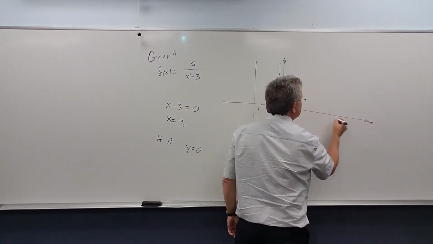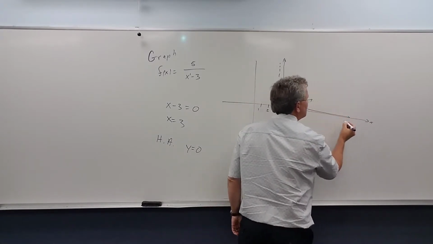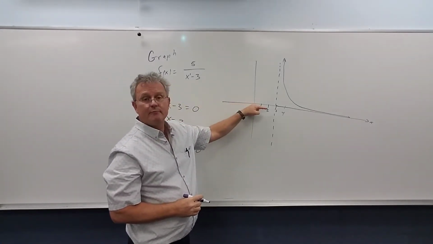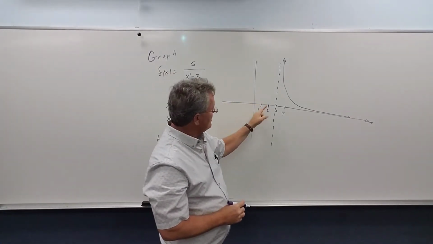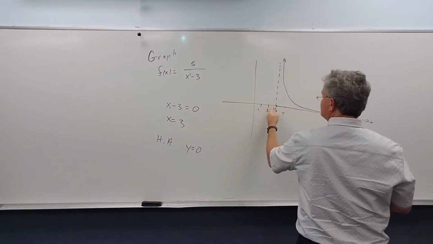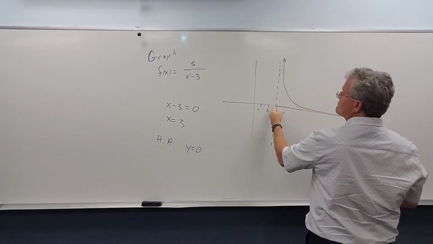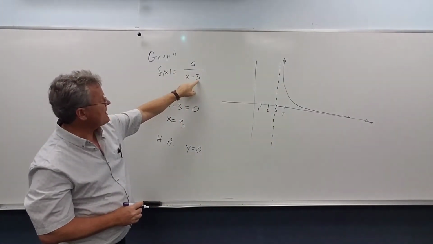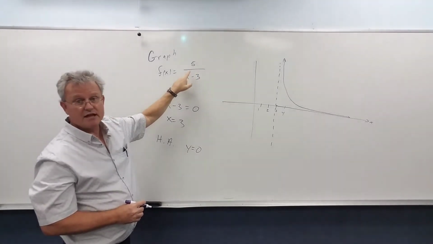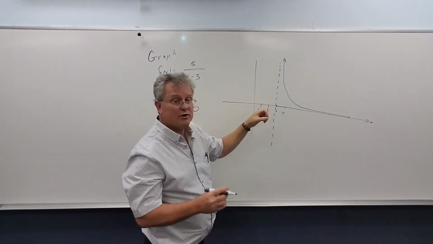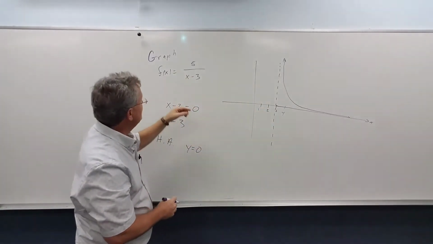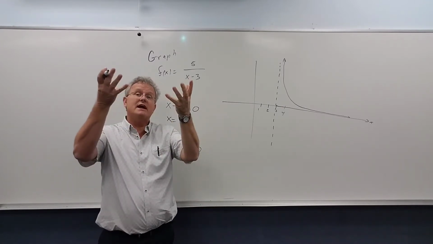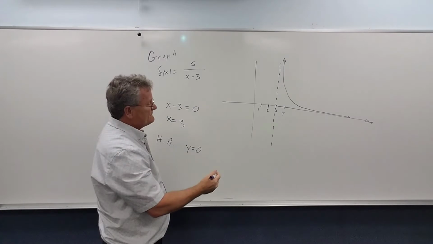y equals 0 is the x-axis, so this is going to get closer to the x-axis. What happens when we come in from the left? Well, when we come in from the left, these x values are always a little smaller than 3. And when I take a number that's a little smaller than 3 and subtract 3, the result is a negative, but it's a negative number getting close to 0. 5 divided by a small negative number is a big negative number, in other words, negative infinity.